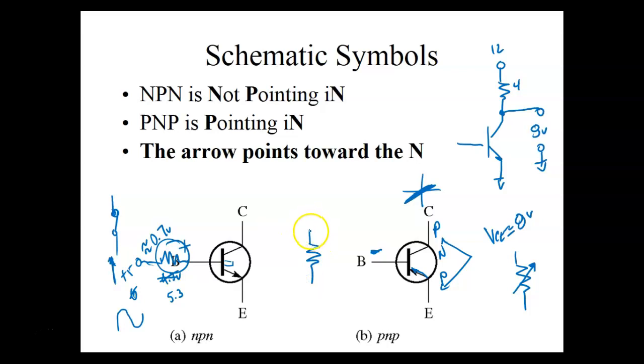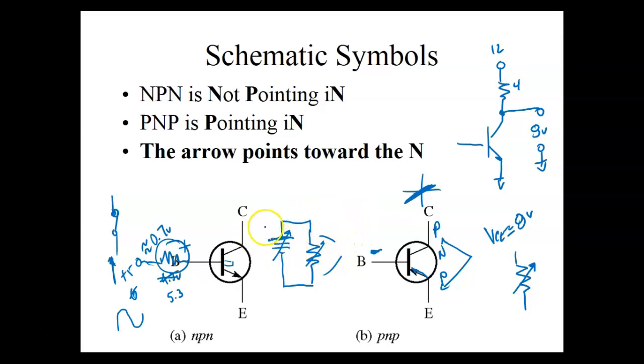Okay. Now, if I was to come over here and have a variable power supply. No, we can't. So what am I doing right now when I come over here? If I came over here and looked across this resistor right here, you understand?